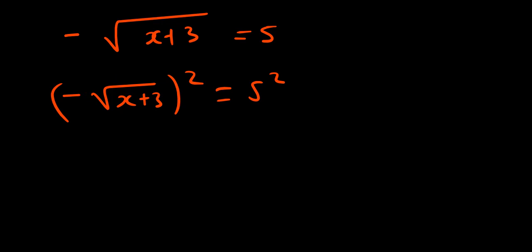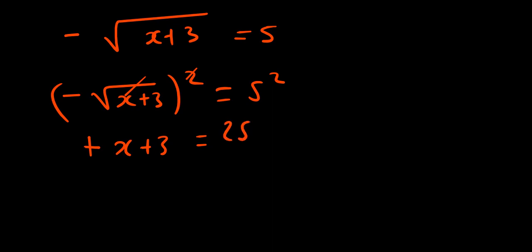Negative 1 squared will just give you a positive. Now the root and the square will cancel, so you just remain with x plus 3, which equals 5 squared, that will just give us 25.